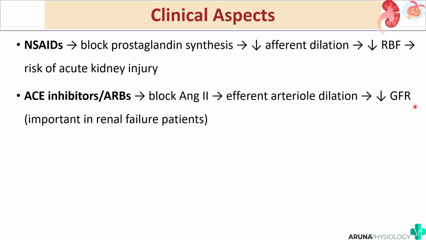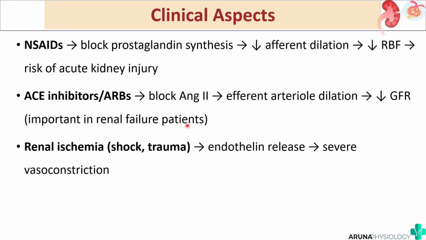We will have decreased GFR. So again, this cannot be used in renal failure patients. And in renal ischemia, there will be endothelin release and severe vasoconstriction, because we said that endothelin is a strong vasoconstrictor. So these are some clinical aspects, of which NSAIDs and ACE inhibitors are very important.